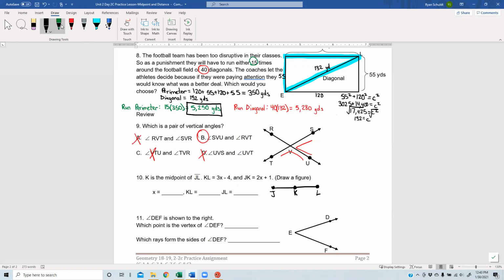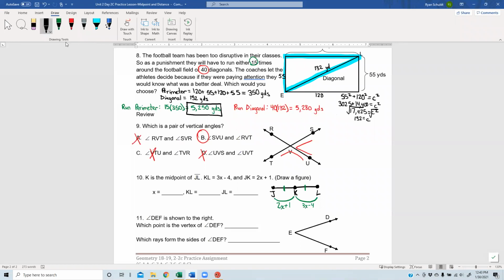KL is 3x minus 4. JK is 2x plus 1. And they ask us to find a whole bunch of stuff. Well, we know it's the midpoint, so these have to be congruent. K is in the middle. Those have to be the same.